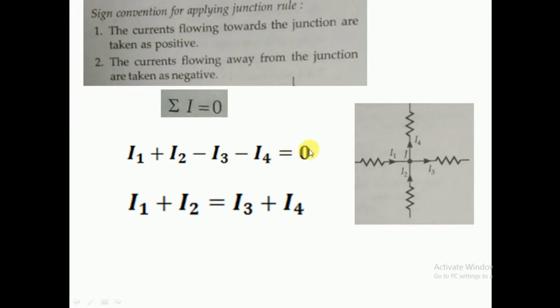If you add them you will get 0. This is rule number 1. In the second definition, the sum of currents entering is equal to the sum of currents leaving. I1 and I2 are entering and I3 and I4 are leaving, so their sums are equal.